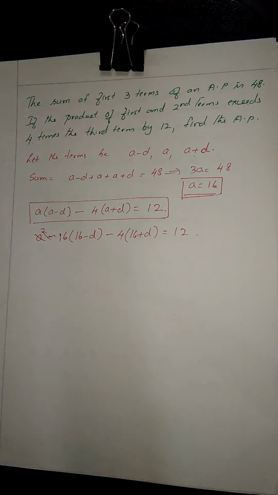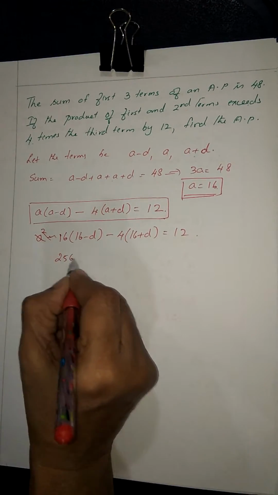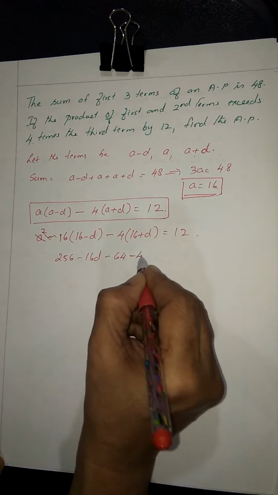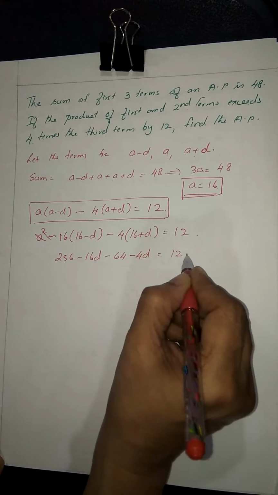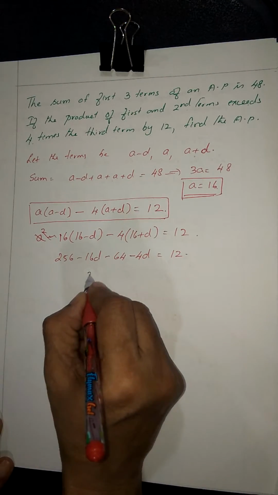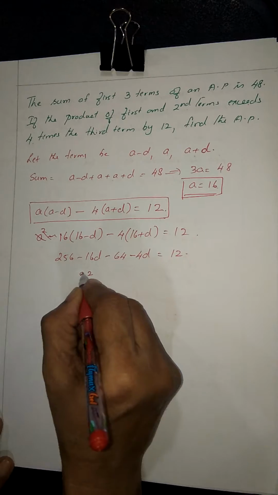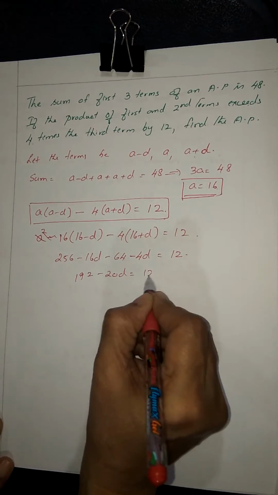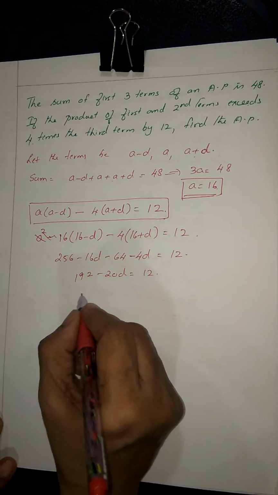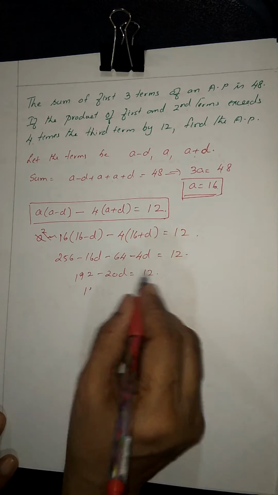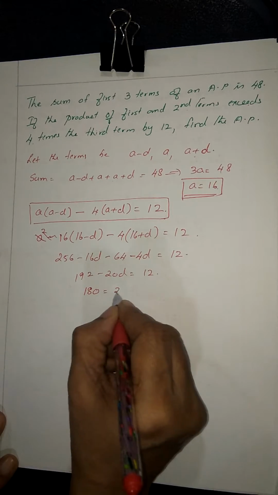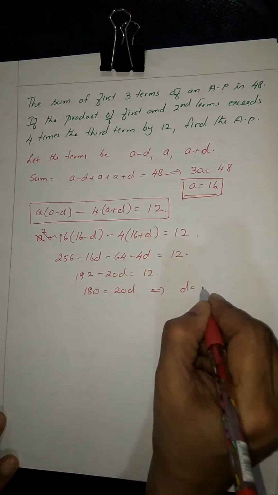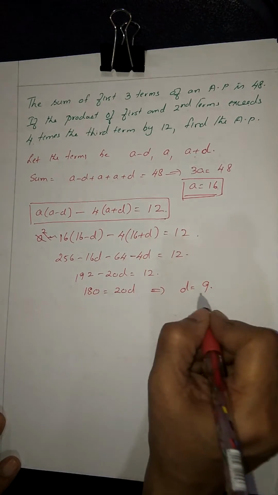So it becomes 256 minus 16d minus 64 minus 4d is equal to 12. So this becomes 192 minus 20d is equal to 12. So this will become 180 is equal to 20d, which gives d is equal to 9.